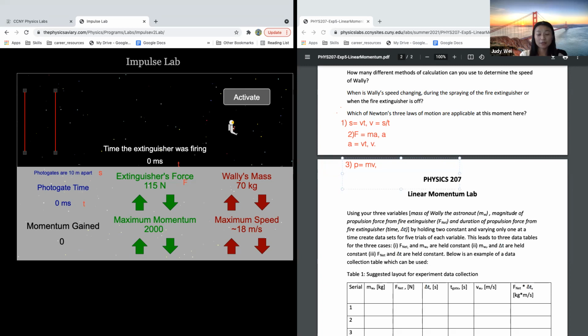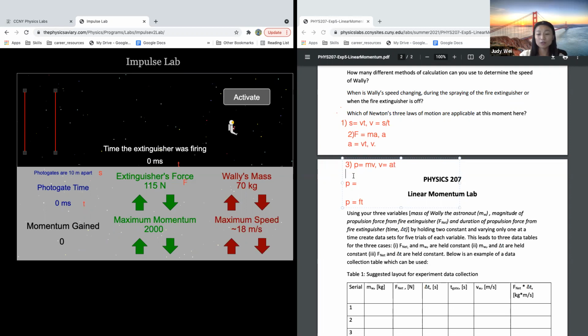Okay, if you get confused, p equal to Ft, if this is the equation you remember, right? So why would I say that p equals m times v? Let's do the equation derivation. So p equals mv, and here v equals at, right?